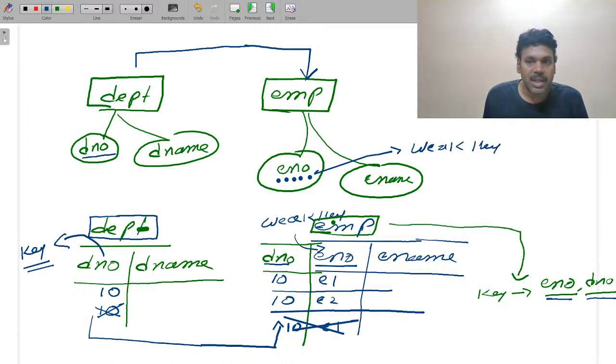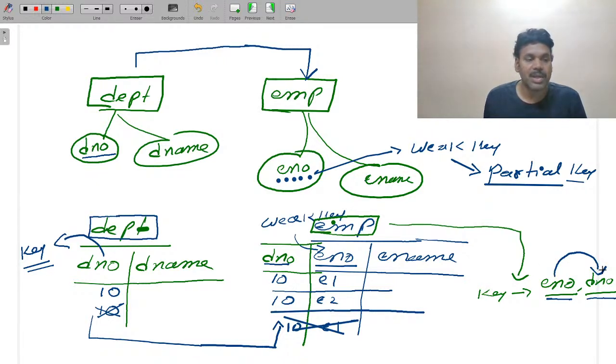This weak key is also called a partial key. So this partial key has to depend on another strong key in order to maintain non-duplicate data. So this is the difference between weak and strong key.